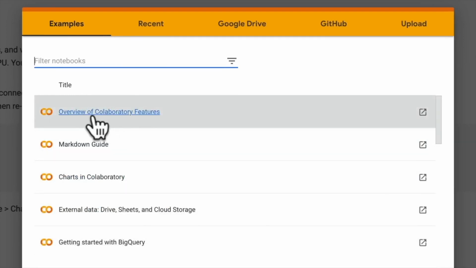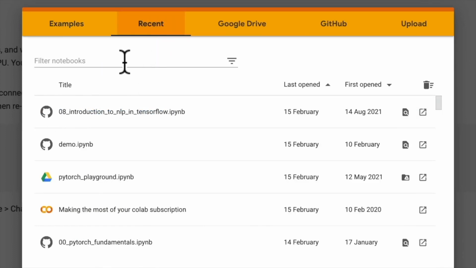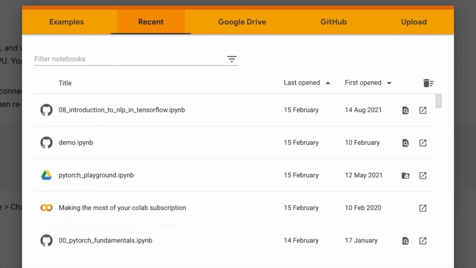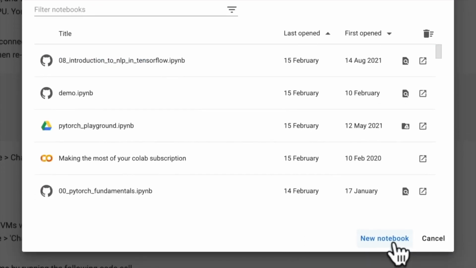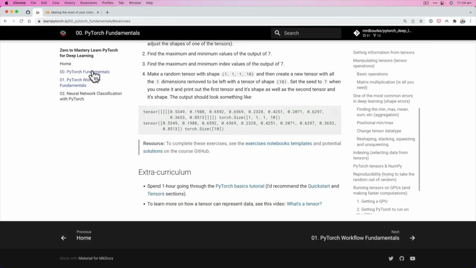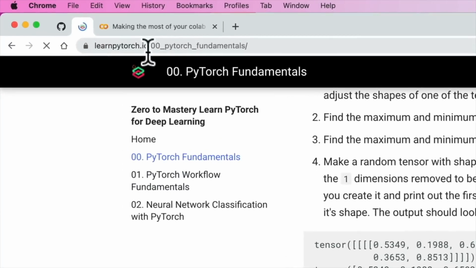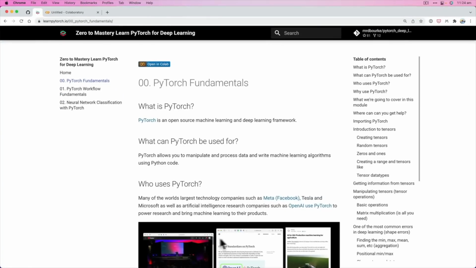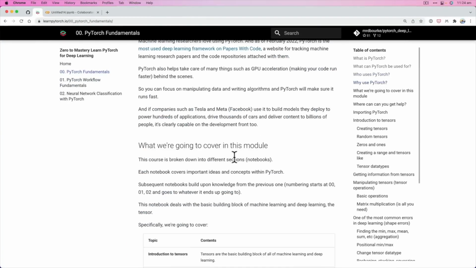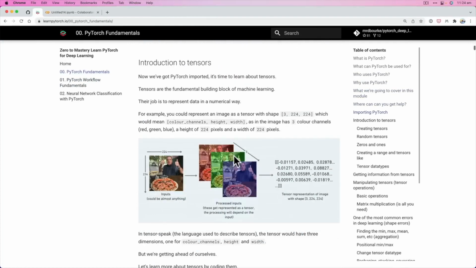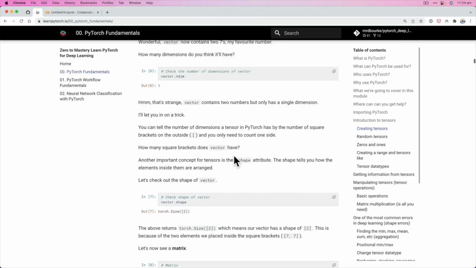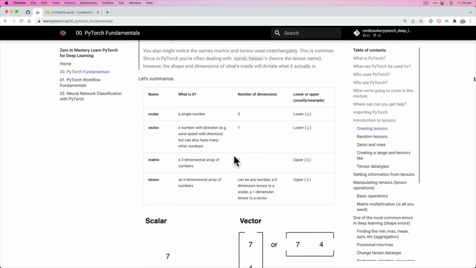I'd probably recommend going through the overview of Colaboratory features, but essentially what Google Colab is going to enable us to do is create a new notebook. And this is how we're going to practice writing PyTorch code. So if you refer to the reference document of learnpytorch.io, these are actually Colab notebooks just in online book format. So these are the basis materials for what the course is going to be.